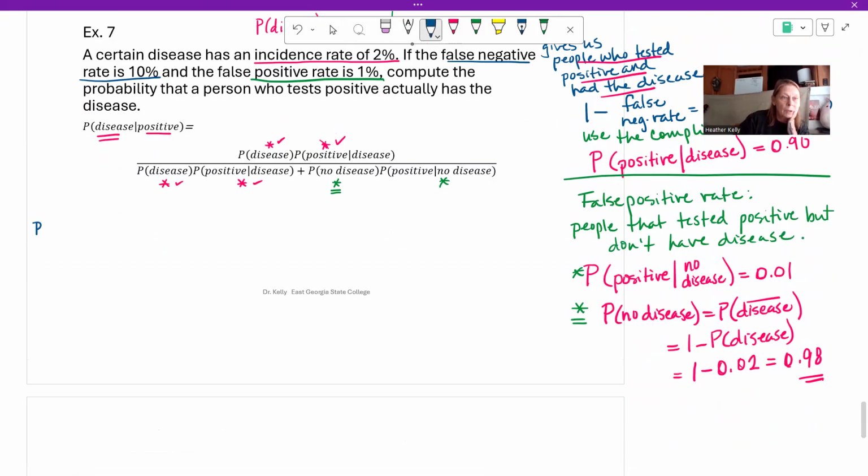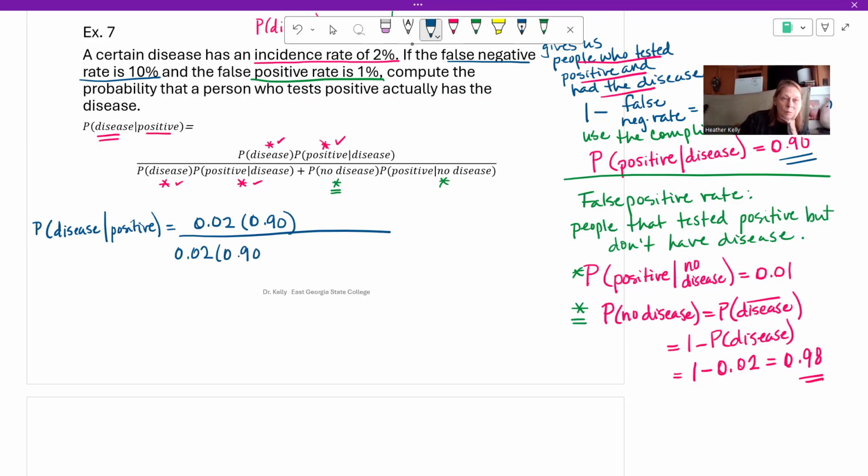So the probability of having the disease, given we tested positive for it, is equal to, and now we have P of disease, which was 0.02 times probability that is positive given you have the disease, 0.90 over, and be careful, make it a long over, and then we have the exact same thing for the numerator.